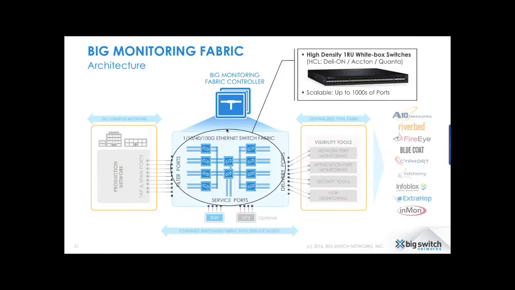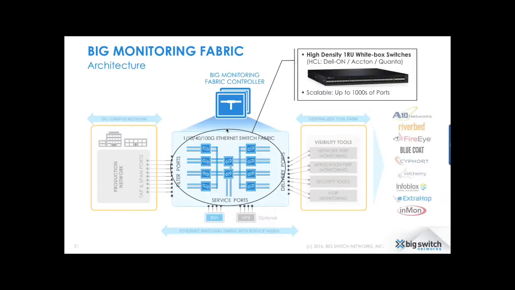Now moving down in terms of the components of the solution, the second key component, as I discussed earlier, has to do with the switches themselves. We've always supported 1 gig, 10 gig, 40 gig switches. The architecture, as I mentioned earlier, is a scale-out architecture.